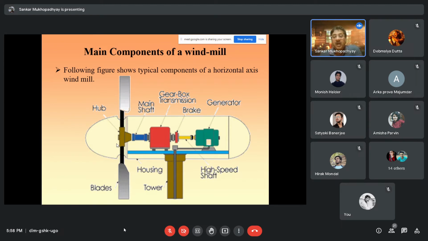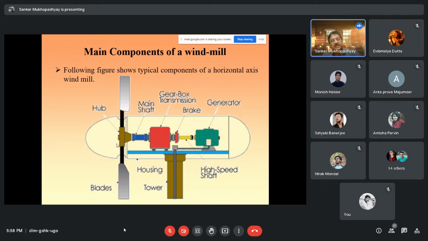This high speed shaft, and the entire thing is enclosed in a metallic body, which has been made a little bit in an aerofoil shape, because wind is coming from the left, hitting this aerofoil shape, and ultimately the wind is hitting the blades.